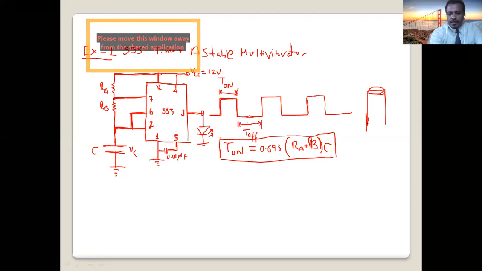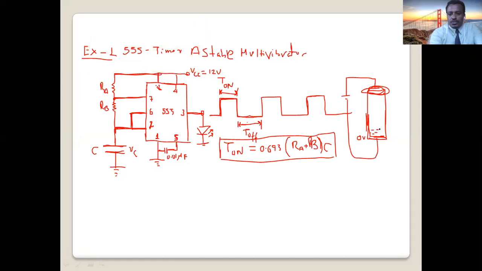Initially this capacitor, which stores charges, was 0 volt, no charge. Then when you connect a battery, ground here, as you can see here, ground. So now charge starts to develop, store in the capacitor.